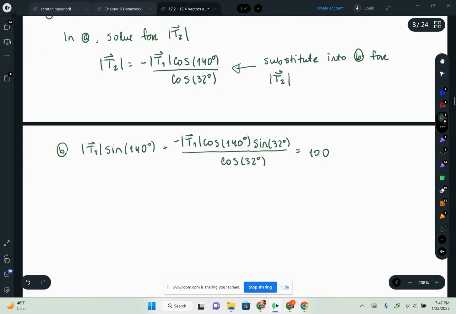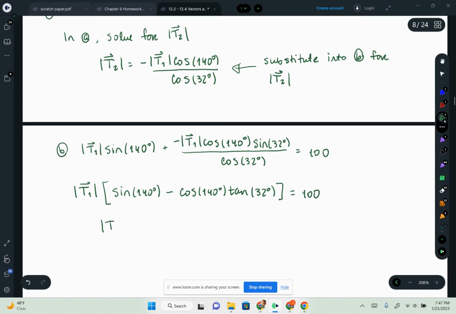And now I can factor out that T1, the magnitude of T1, that leaves behind a sine of 140 degrees minus, and I can kind of rewrite this one, it'll be cosine of 140 degrees times tangent of 32 degrees, since sine over cosine is tangent, and this is equal to 100.